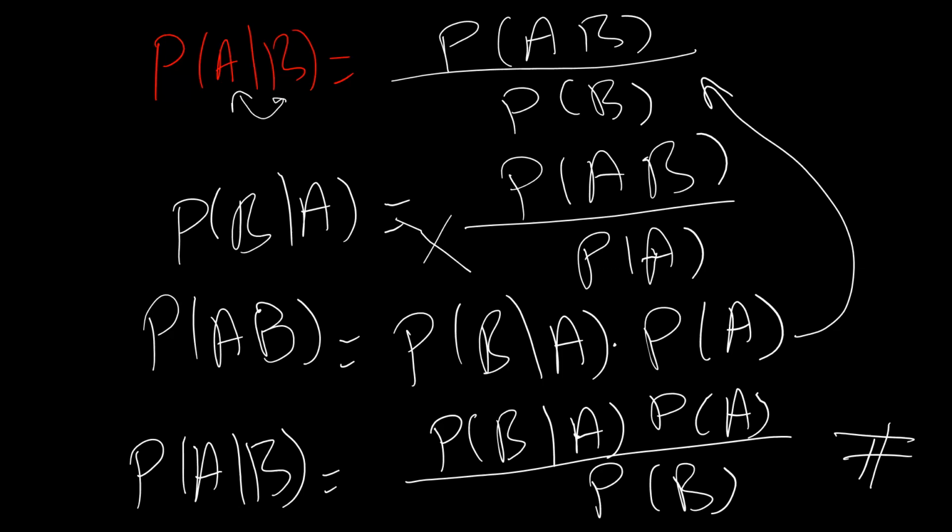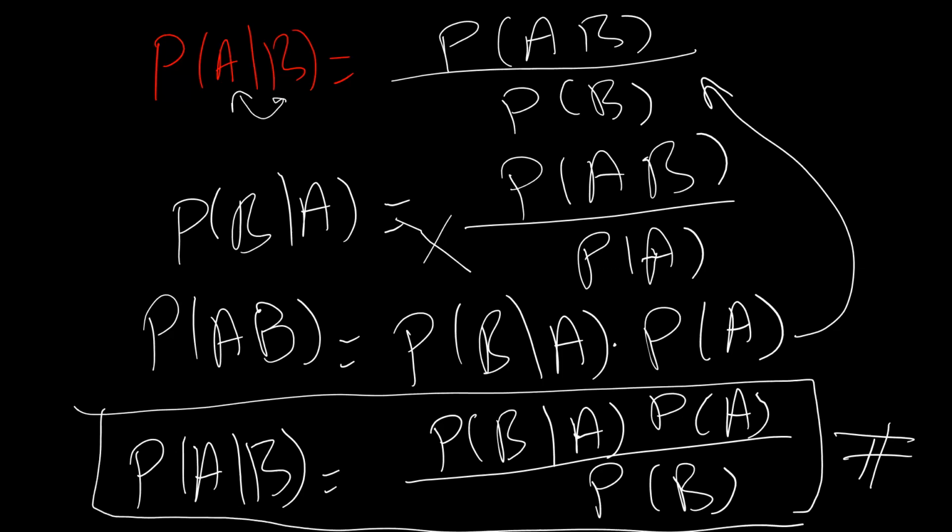In the subsequent sessions you will see the applications of this equation. So probability of A given B equals probability of B given A times probability of A divided by probability of B. But let us go a little deeper to understand what this equation means.